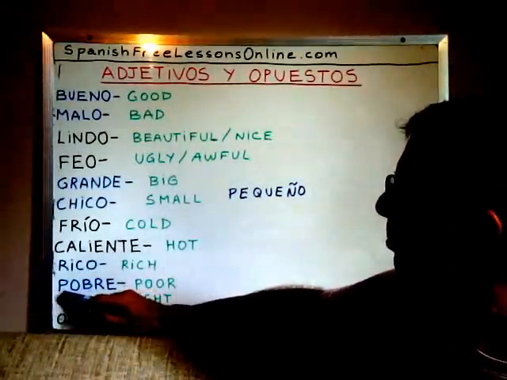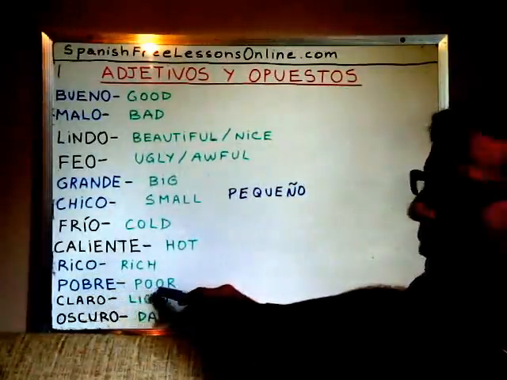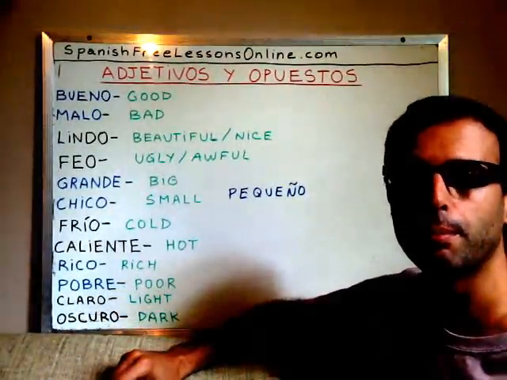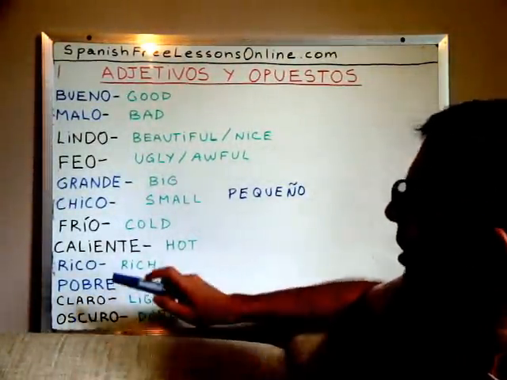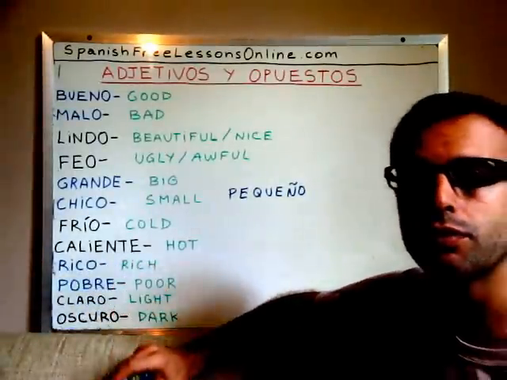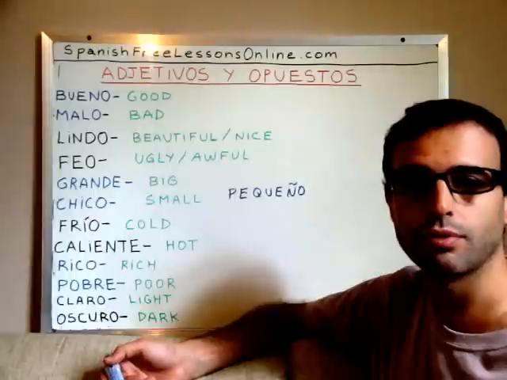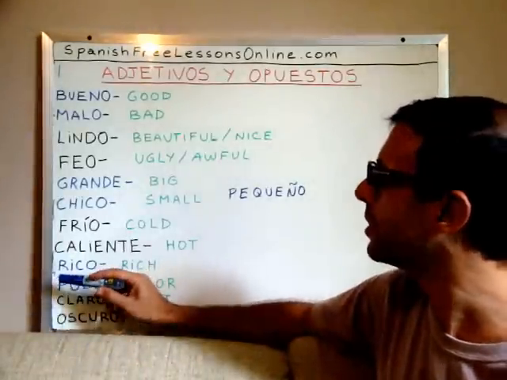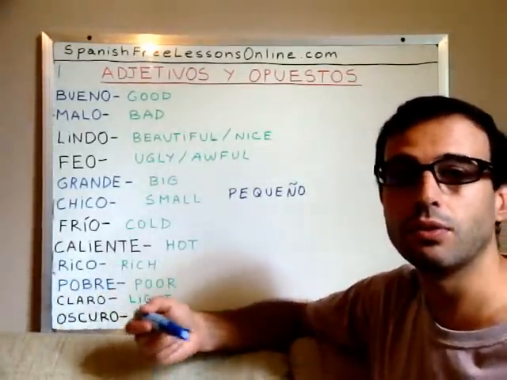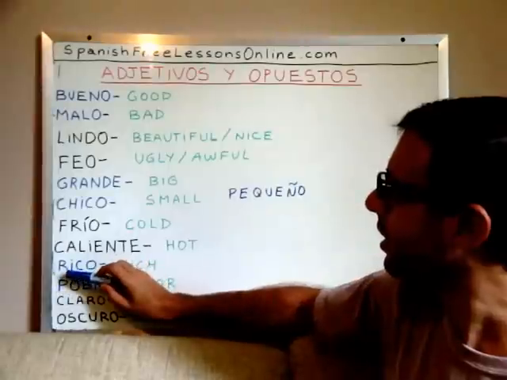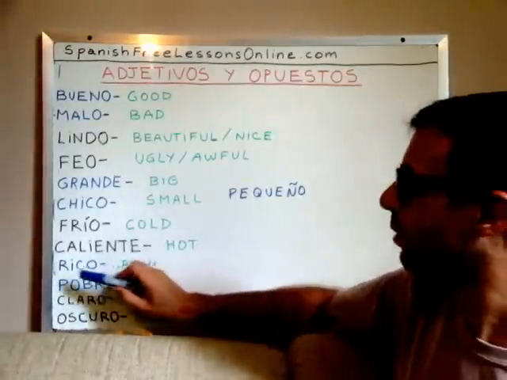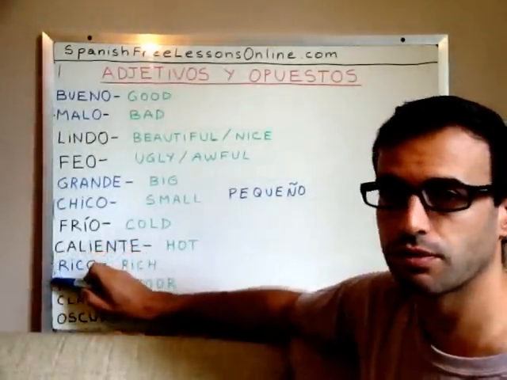And pobre, for poor. Pobre. Rico also means delicious. Delicioso would be delicious, but rico means tasty, good, delicious. So rico means rich, but it can also mean delicious.